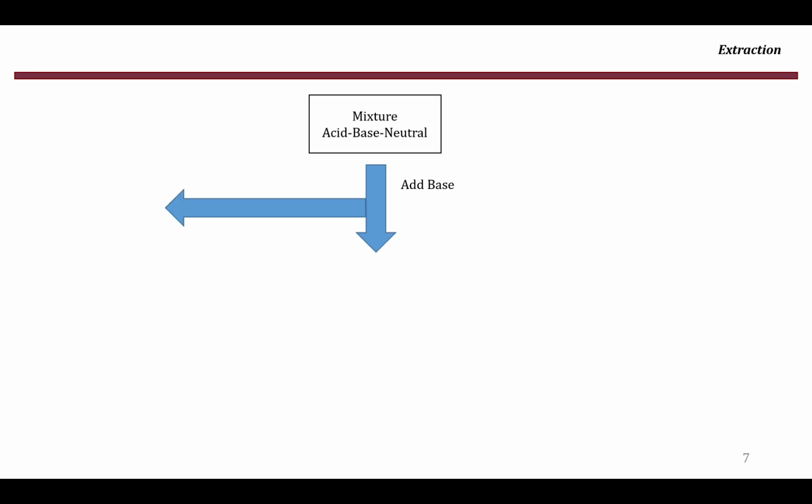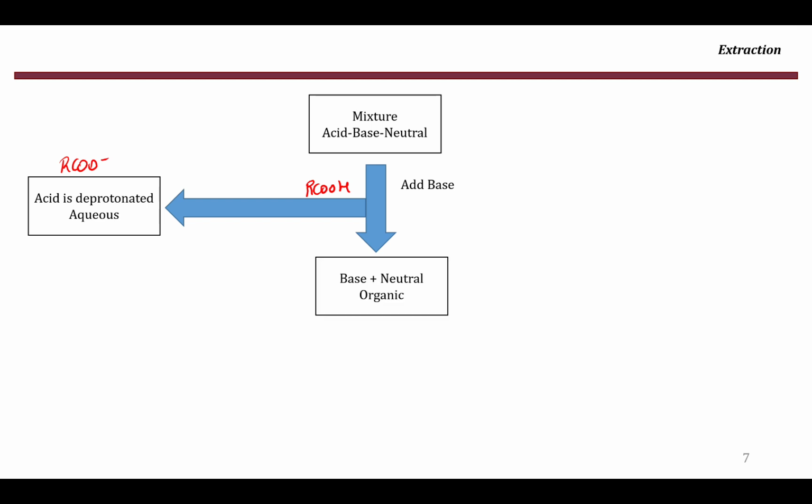When I add a base, the base is going to react with the acid, RCOOH. It will convert it into RCOO minus. RCOO minus is called deprotonated because it lost a hydrogen, and it will move to the aqueous layer. The base and the neutral compound will stay in the organic layer. So now I separated the acid and it's now in the aqueous layer.